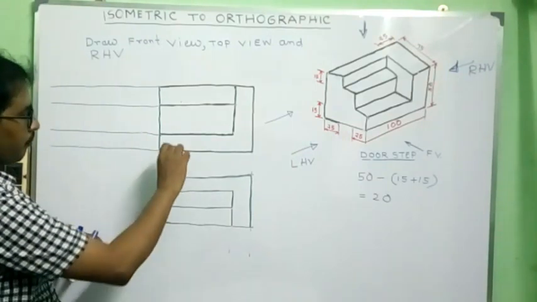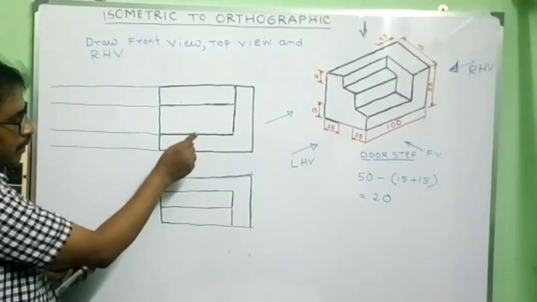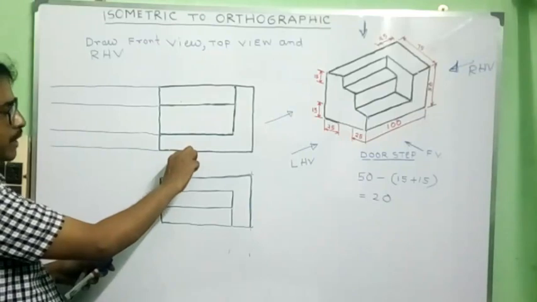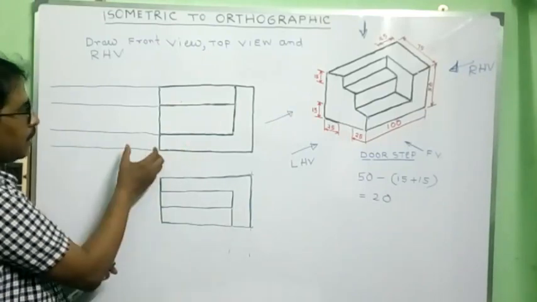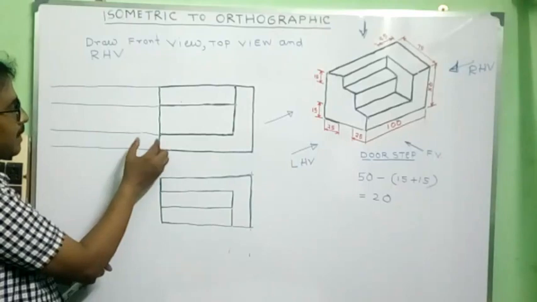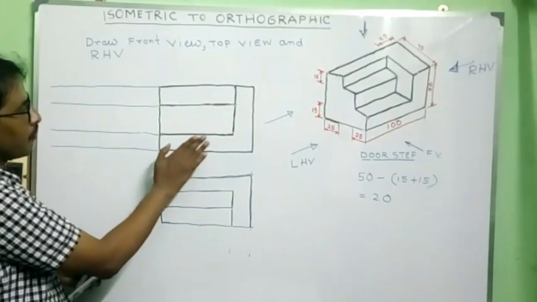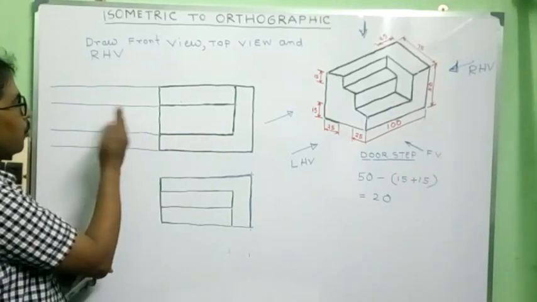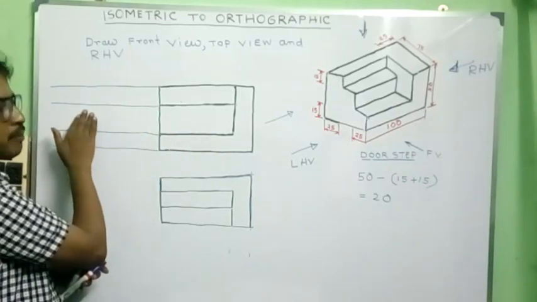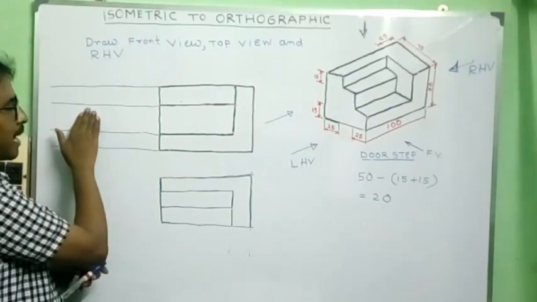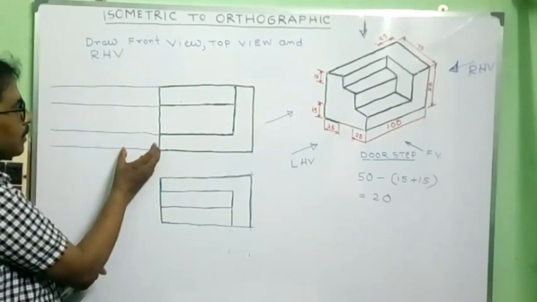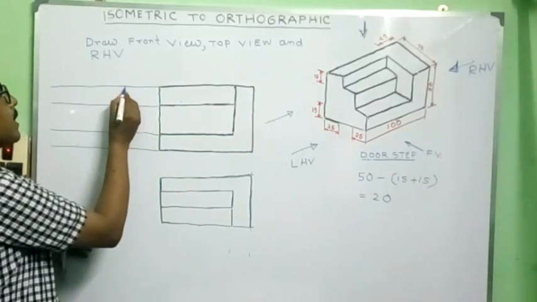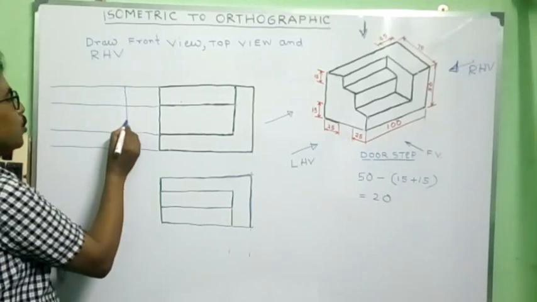Now the distance between front view and top view we take 20 to 25 millimeter. We also take the distance between front view and right hand view. In first angle projection the right hand view is on the left side. This distance is also 20 to 25.